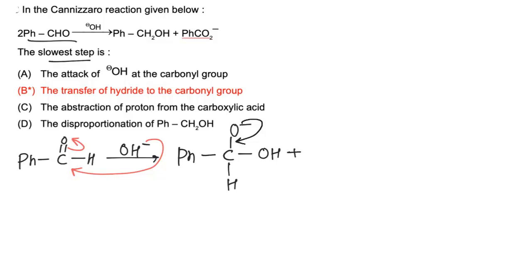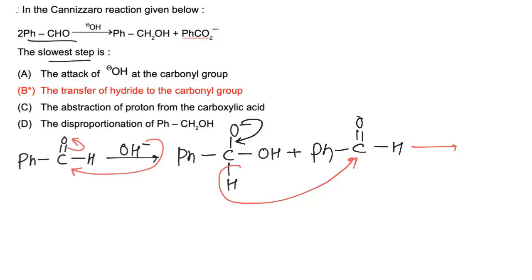During shifting of these electrons, a hydride ion from this molecule will transfer simultaneously to another benzaldehyde molecule. This is a concerted step in which transfer of the hydride ion takes place simultaneously as electrons are shifted towards carbon.